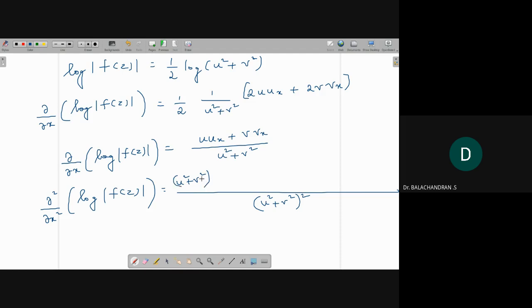To differentiate the numerator, we have u into uxx plus ux into ux, that is ux square, plus v into vxx plus vx into vx, that is vx square.